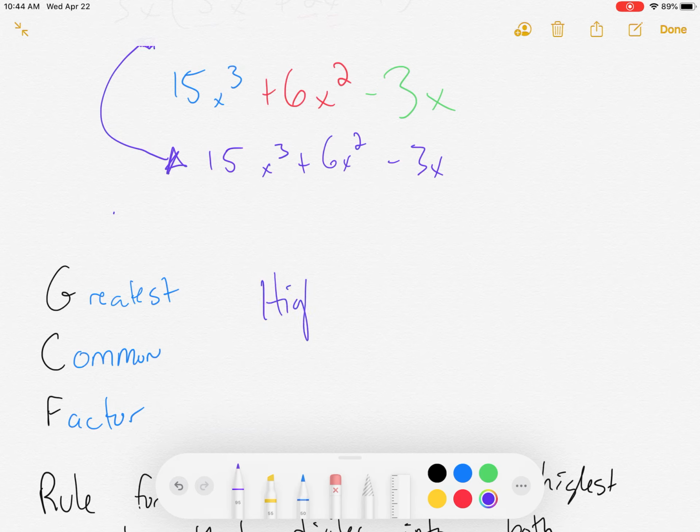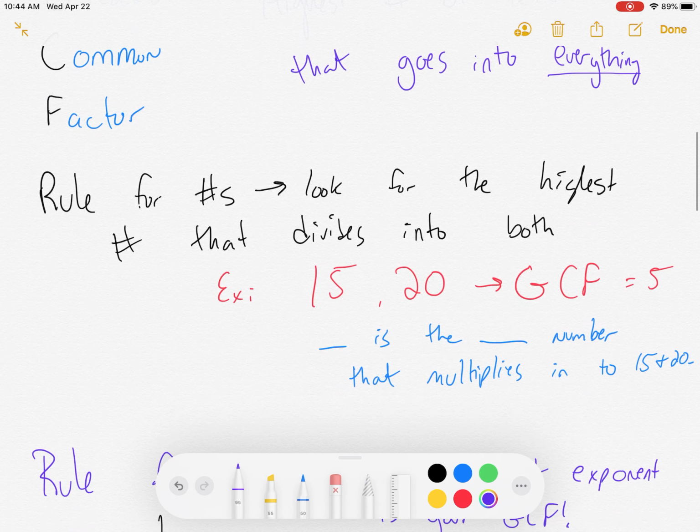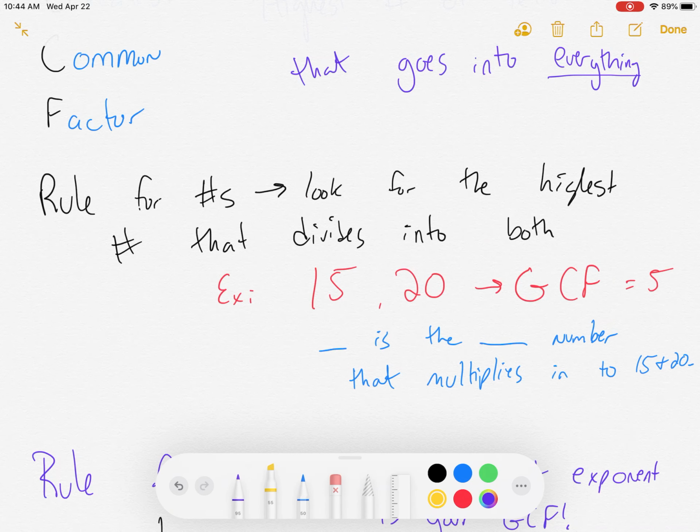GCF stands for the greatest common factor. That's just the highest number or letter that goes into, or multiplies into, everything.